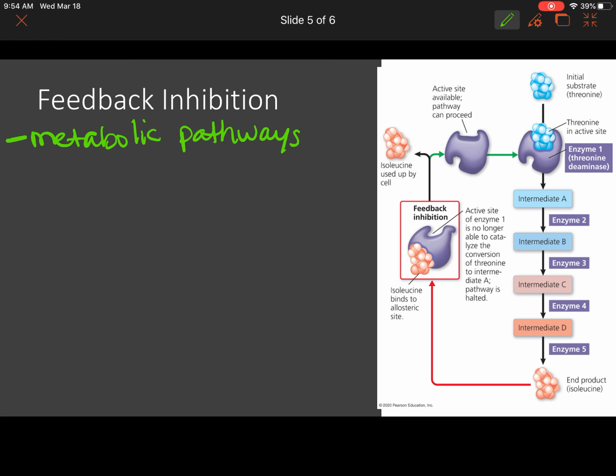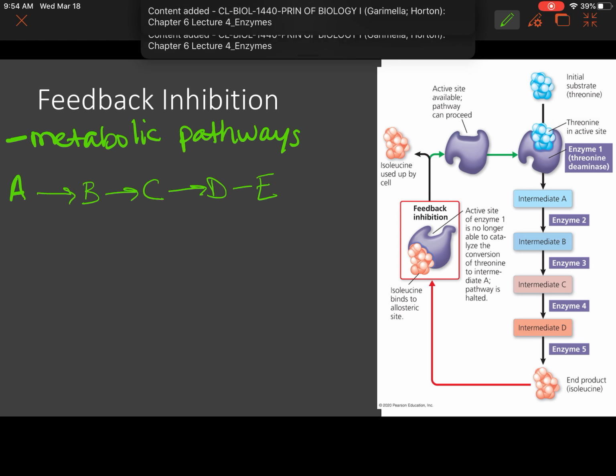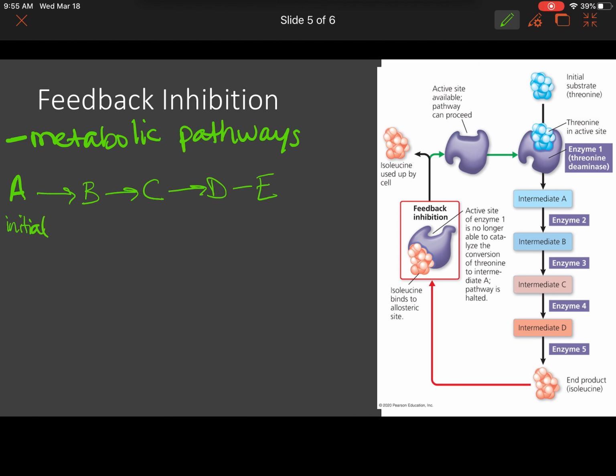And a pathway is just what it sounds like: substrate A being converted into B, and B is converted into C, and C is converted into D, and D is converted into E. Okay, and so A is our initial substrate.